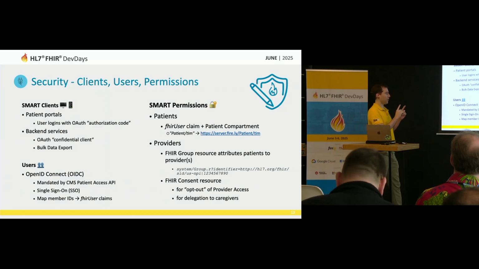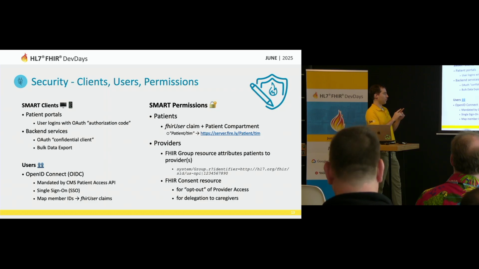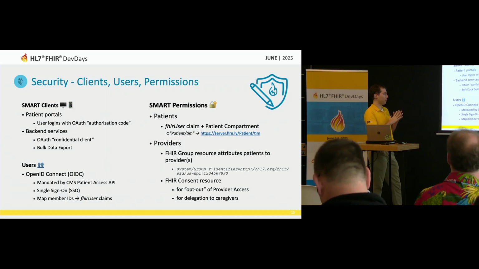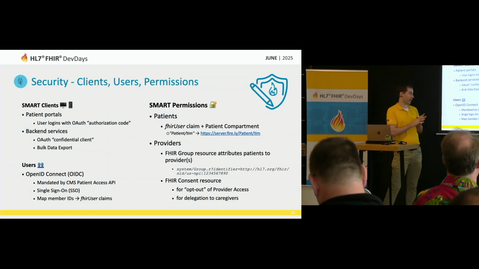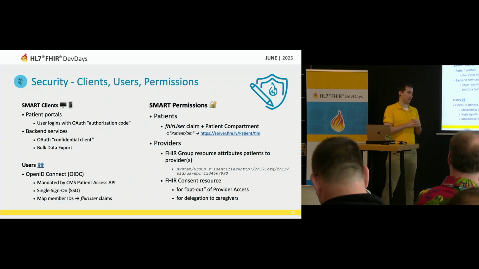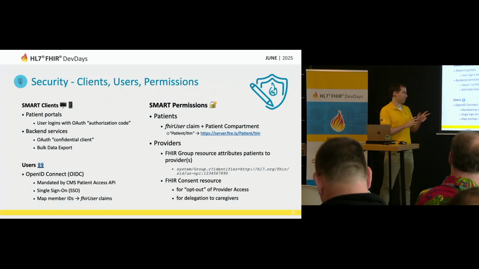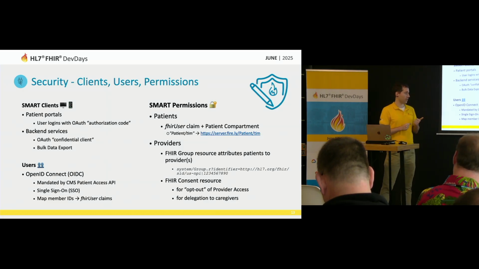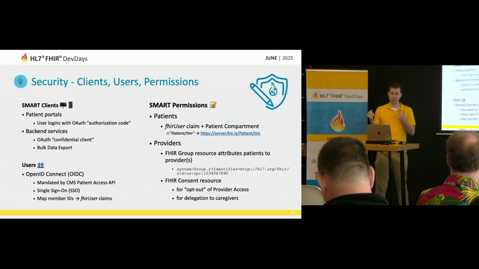I believe I mentioned the FHIR group profile used by providers that can be used to grant access to specific groups of patients using, in this case, a US NPI number. And then also the FHIR consent resource is going to be relevant for representing that opt-out from the patient to the provider access.